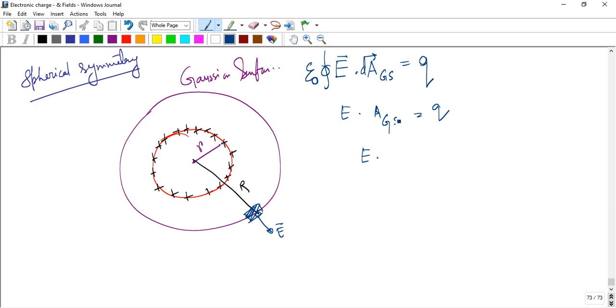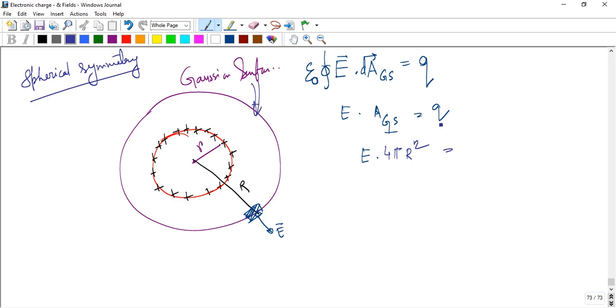What is the Gaussian surface? That is a sphere. So the surface area of the sphere is 4 pi capital R squared, the Gaussian surface.